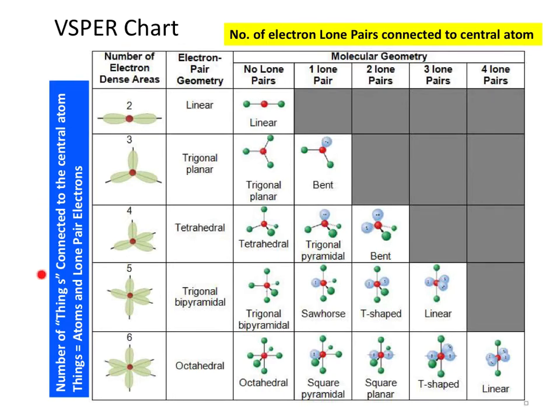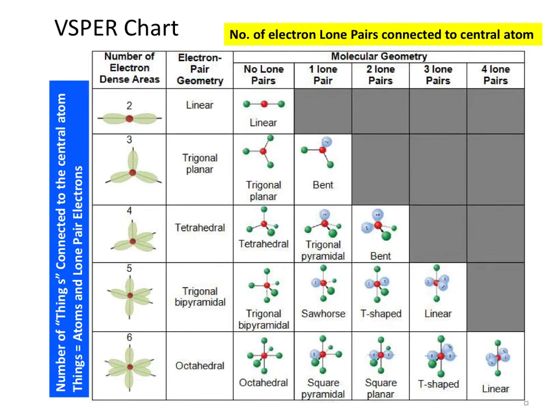We have the total number of things attached to our central atom, and then we have a column here that defines only the attachments that are lone pairs. The difference in these two numbers is going to help us define what the molecular structure is.